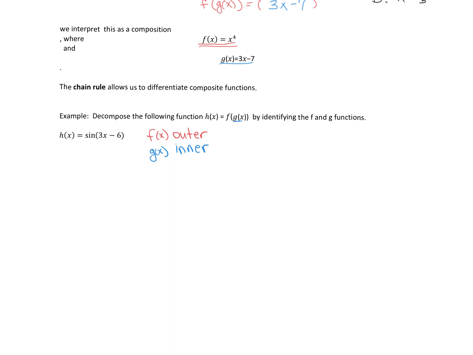So this in here is our inner function. g of x is going to be 3x minus 6, and the outer function, f of x, is just going to be the sine of x. And you can see that if I plug g in there, I'll get what I started with.